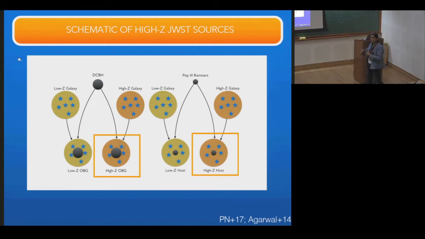It's a fundamentally different evolutionary track compared to population 3 cases. Where you form a population 3, that guy will also merge, and now the mass of the black hole in this merged object is going to be small compared to the full stellar mass content. So the spectrum is going to be fundamentally different.